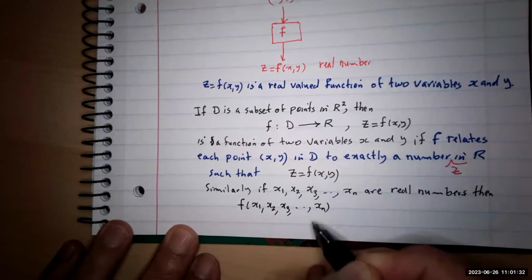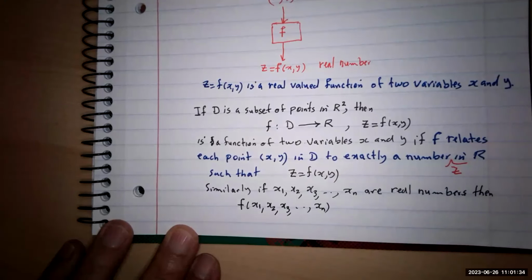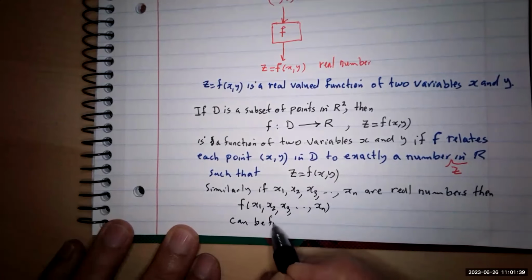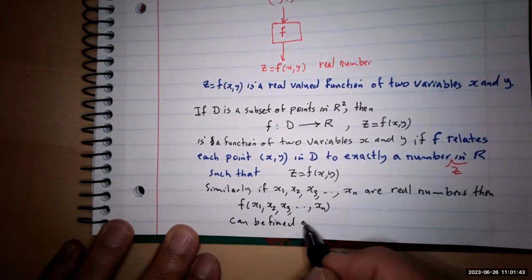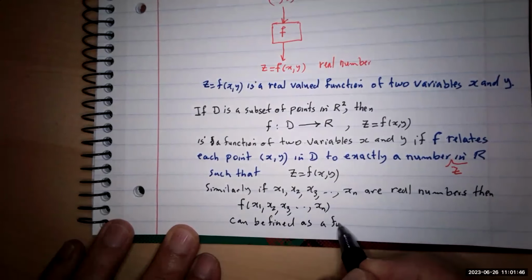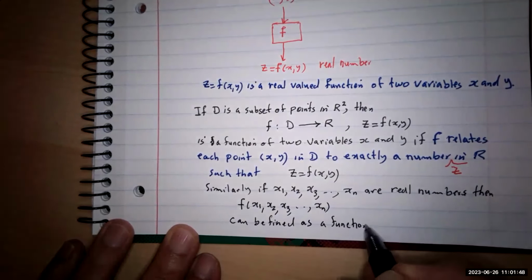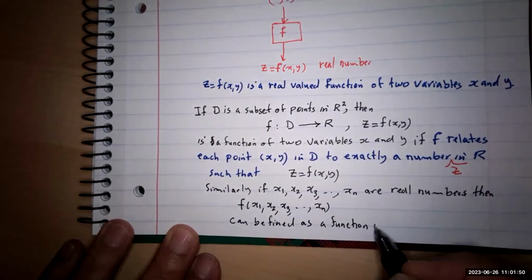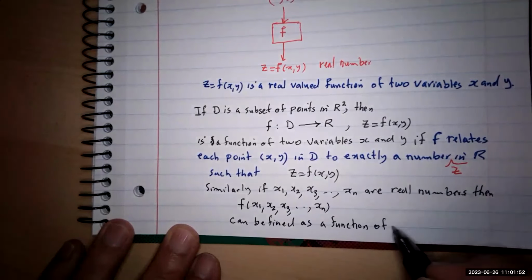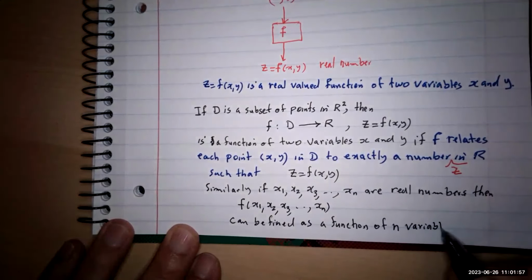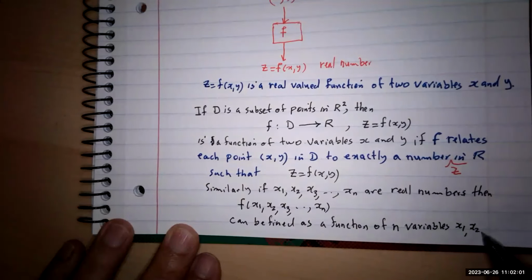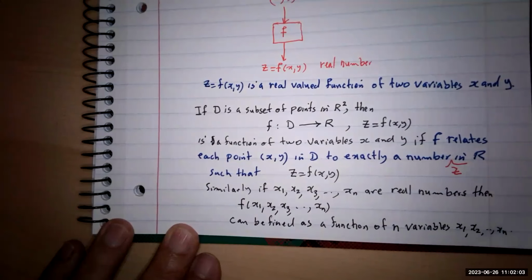We only go with three variables in this course, of course. This can be defined as a function of n variables, x1, x2, up to xn.